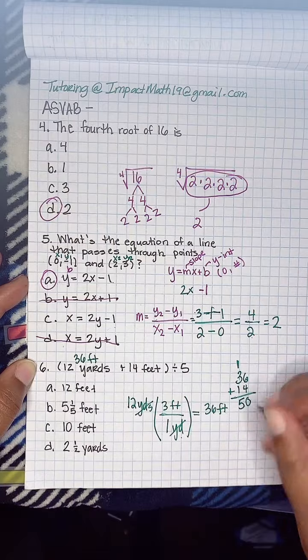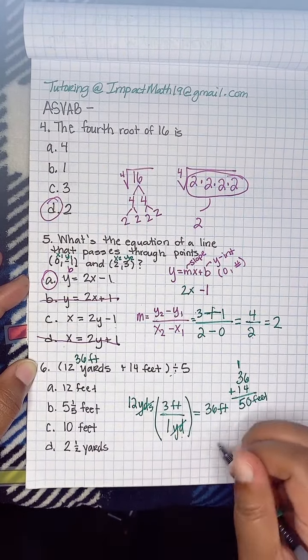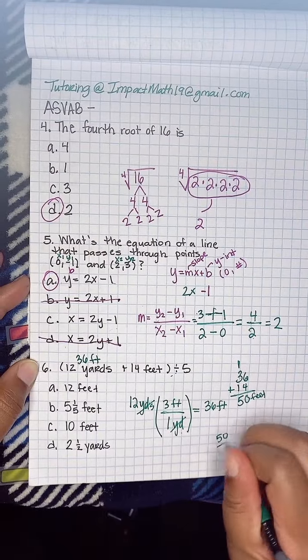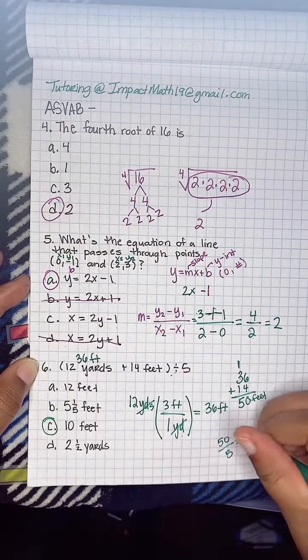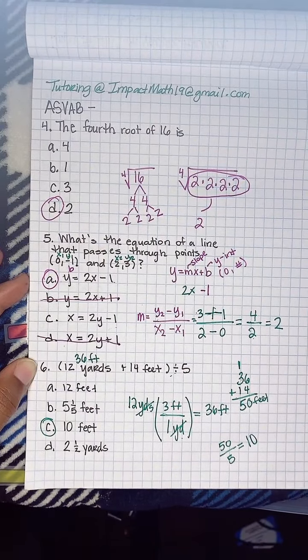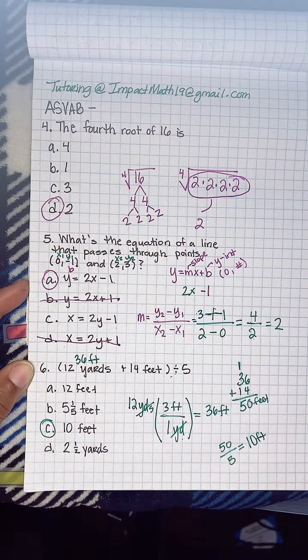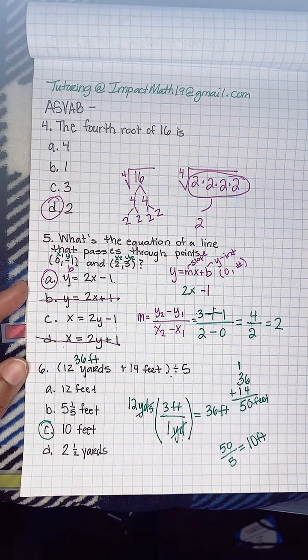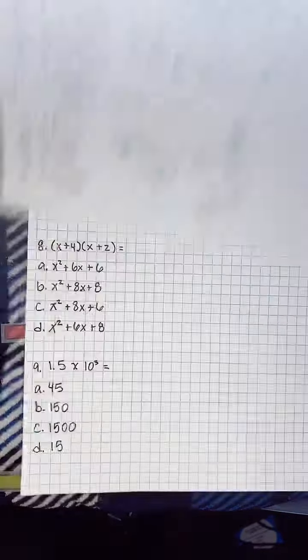So now we have 50 feet. But don't forget it said divide by 5. So 50 divided by 5, and if you said C was your answer, right on. It is 10 feet. Yep, 10 feet.